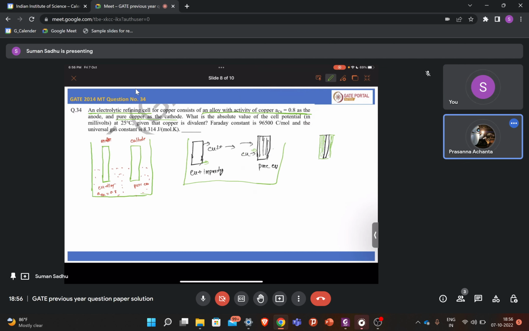So on one side there is copper plus impurity. Copper is dissolving from here, going through the electrolyte and depositing on the cathode.